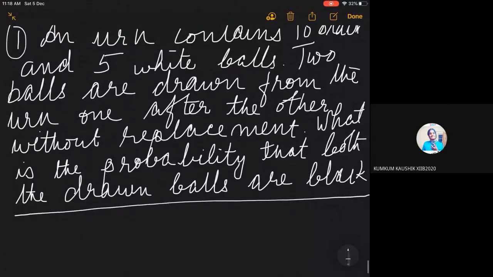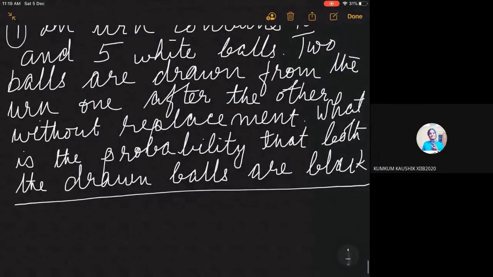See, while you analyze this question, you always have to distinguish two things: what is the experiment and what is the event? Now, the probability of an event is asked, so we can clearly make out what should be defined as the event and what is the experiment. An urn contains 10 black and 5 white balls.